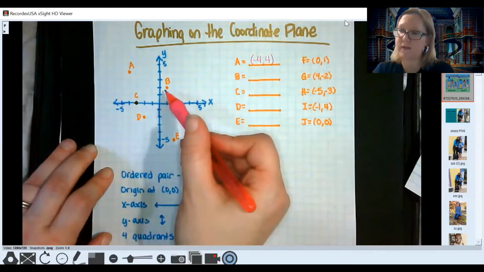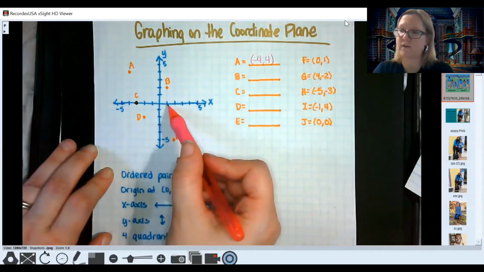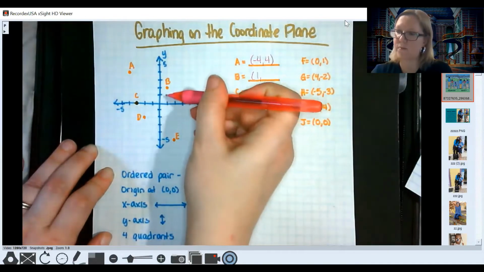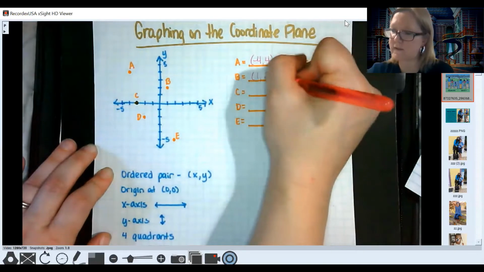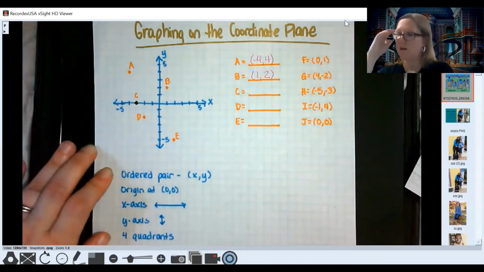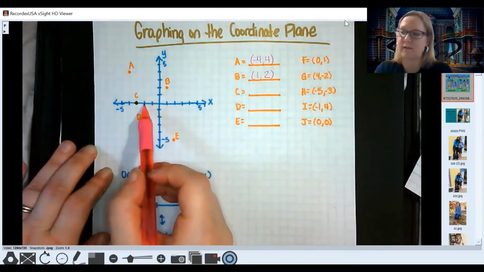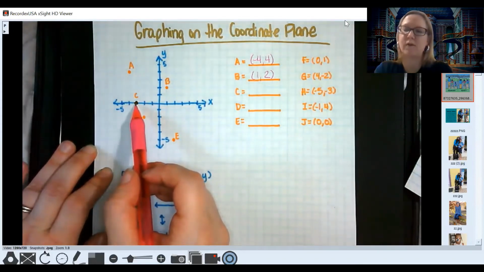Point B, we go across first, so that's across to +1. Our x-coordinate is 1. Then we go up 1, 2, so that's the point (1, 2). Point C, go across first, so that's -1, -2, -3. Then I'm not going up at all, so the y-coordinate is 0.